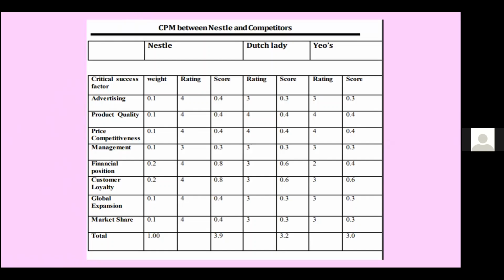The first one is critical success factor: advertising, product quality, price competitiveness, management, financial position, customer loyalty, global expansion, and the last is market share. So we calculate the weight, the rating, and also the total score. From this data, we can see that the score for Nestle is higher than Dutch Lady and Yeo's.